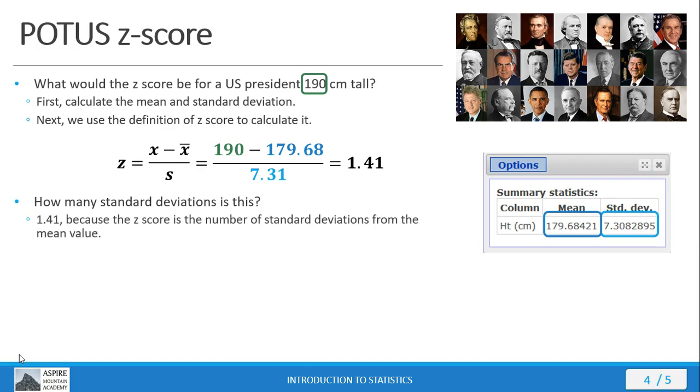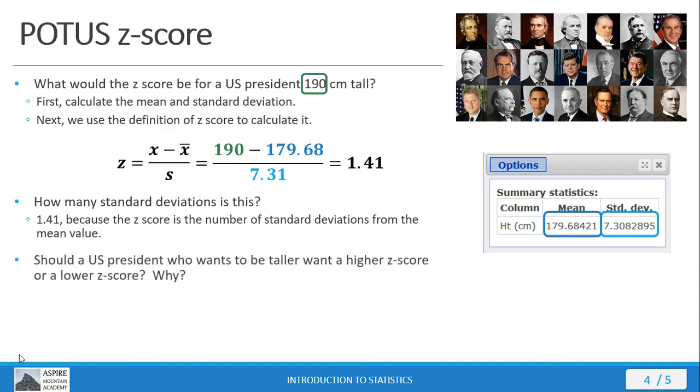Well, I hope you said 1.41. That is the definition of a z-score. A z-score is the number of standard deviations a data value is from the mean value in the data set. So a z-score of 1.41 means that the associated data value is 1.41 standard deviations away from the mean value.